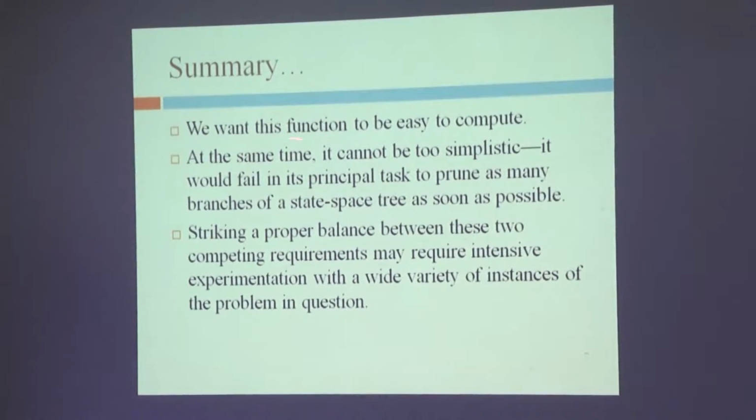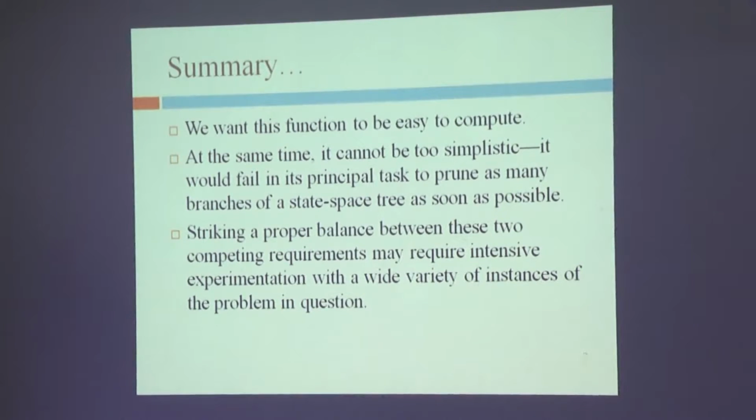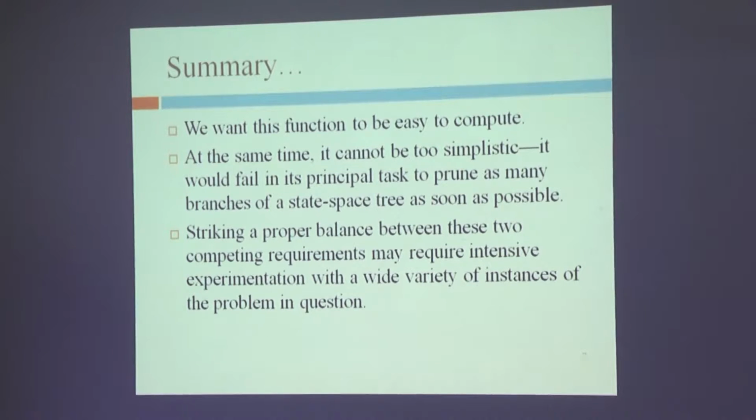We want the function to be easy to compute, nothing complicated. Based on the numbers given, based on the instances, I should be able to compute the upper bound. At the same time, it should not be too simplistic. Then it won't prune. So pruning will take more time. It's not that it will result in a wrong answer, but the tree will keep on growing. Between the two, this is where I'm saying we are using heuristics.